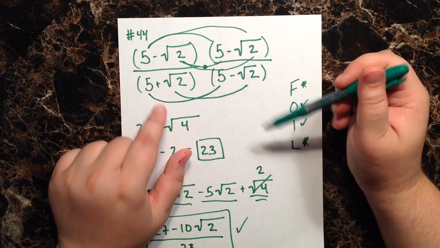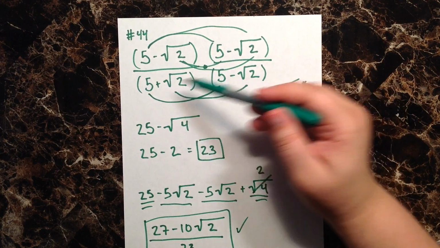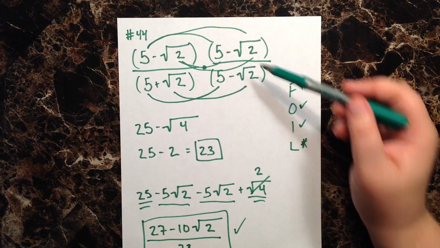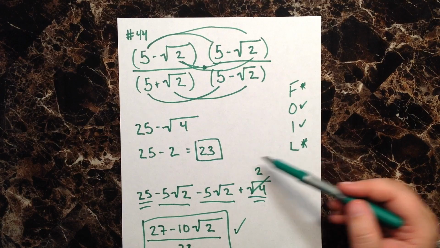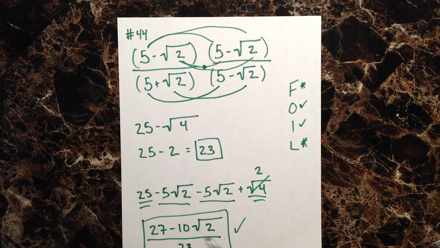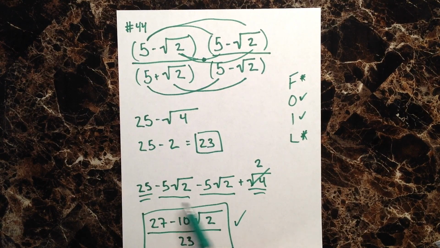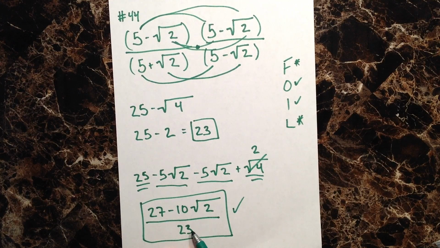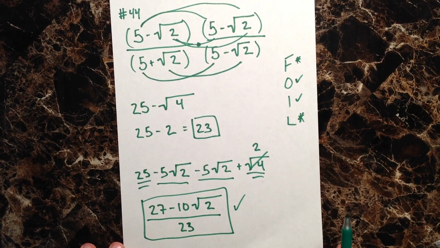If it's originally negative, we do a positive. We FOIL our denominator out, right? We do our firsts and our lasts to get a rationalized denominator. We multiply the whole numerator out, simplify, and we put our simplified numerator over our rationalized denominator, and that is our final answer: 27 minus 10 radical 2 over 23.